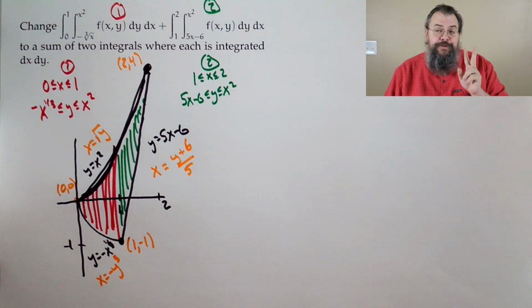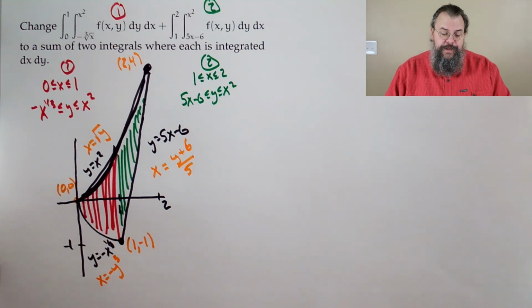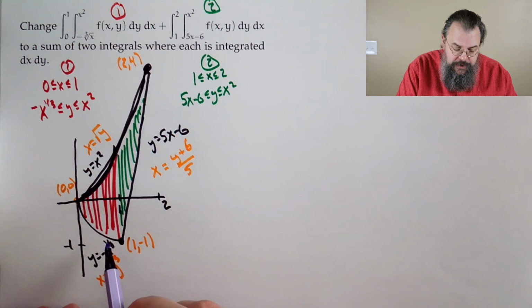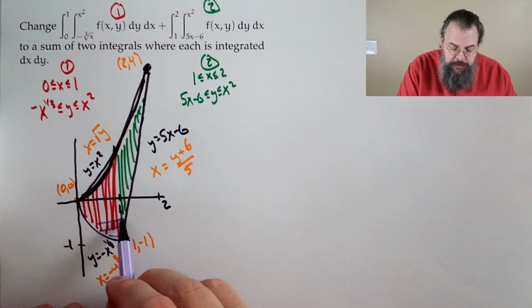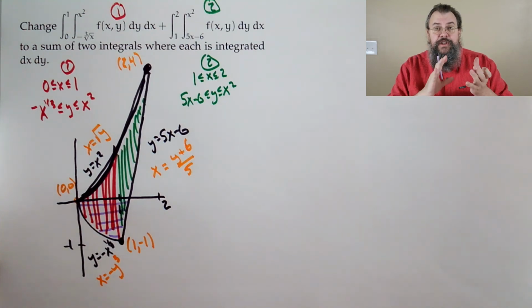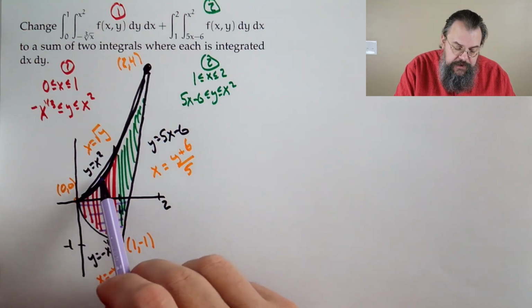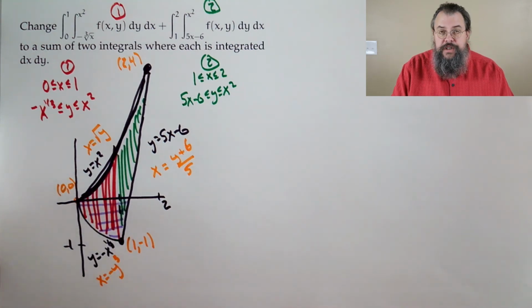Why do we have to have two integrals if we change from the vertical slicing, which we currently have, to horizontal slicing? Well, you'll notice that as we start moving up, lo and behold, there's a change in the behavior. In other words, the left bounding curve switches.